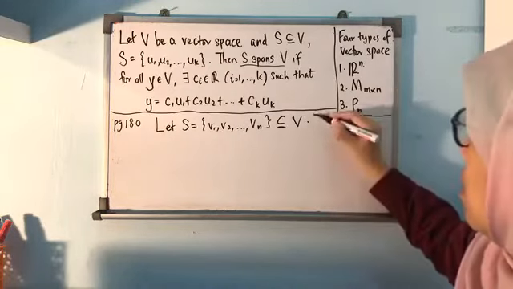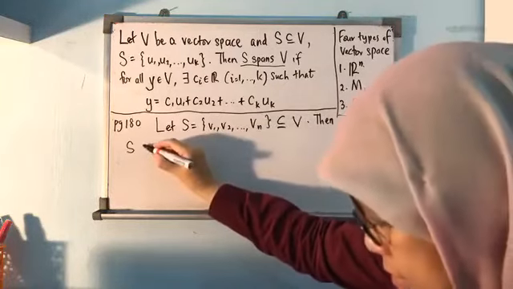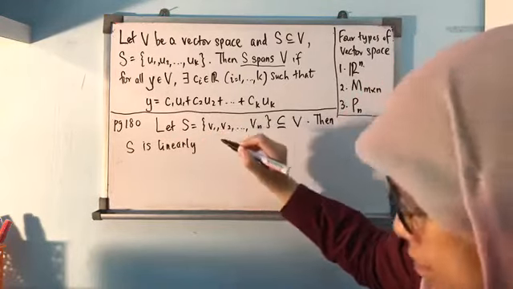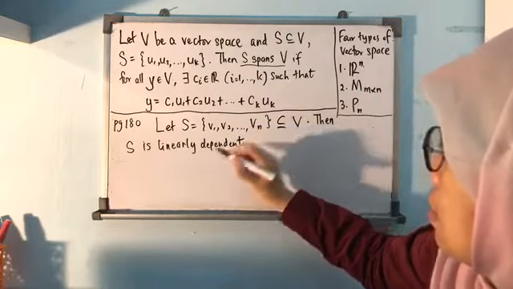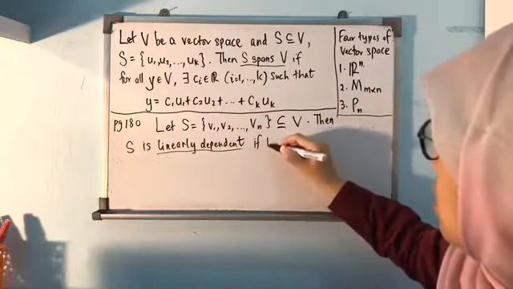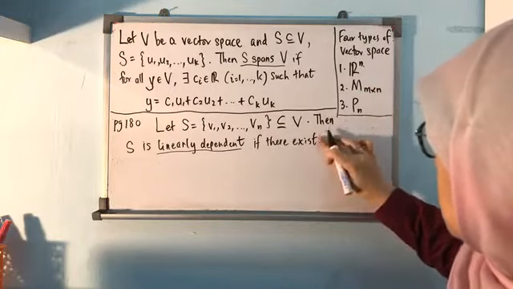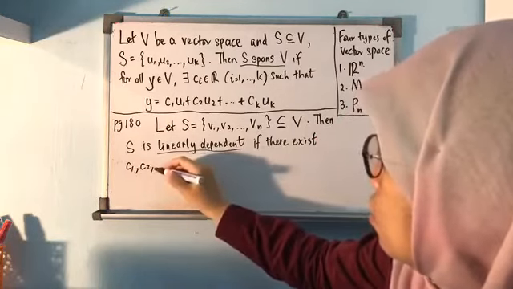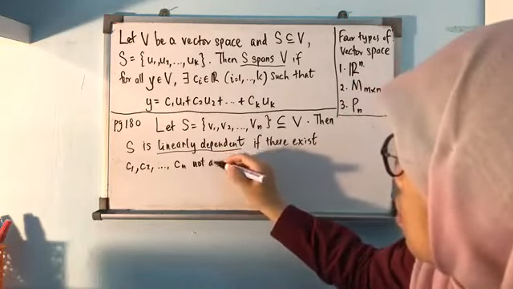Okay, then this set S is linearly dependent, okay, linearly dependent if there exist C1, C2, Cn, not all zero.